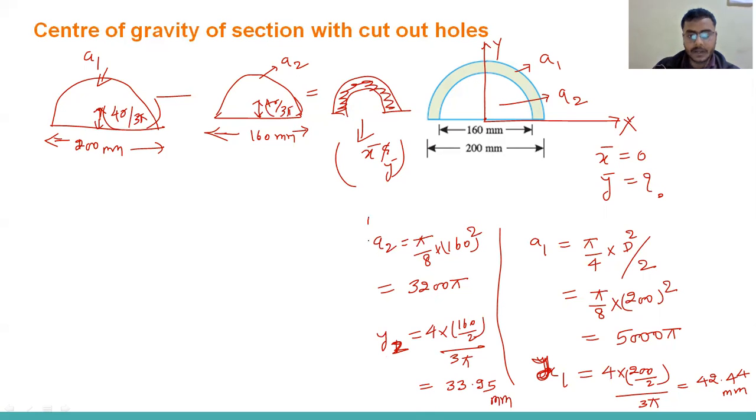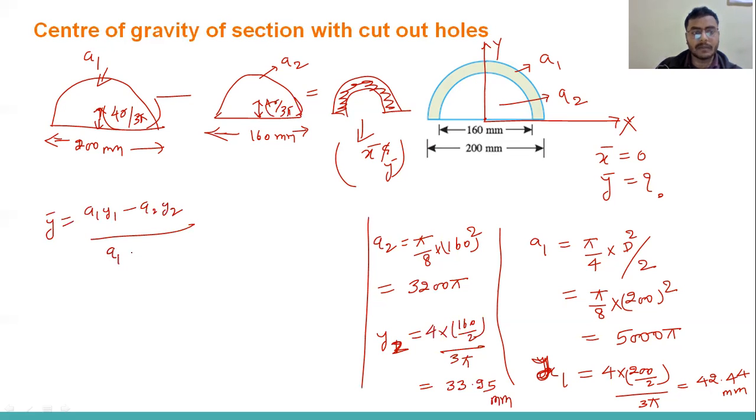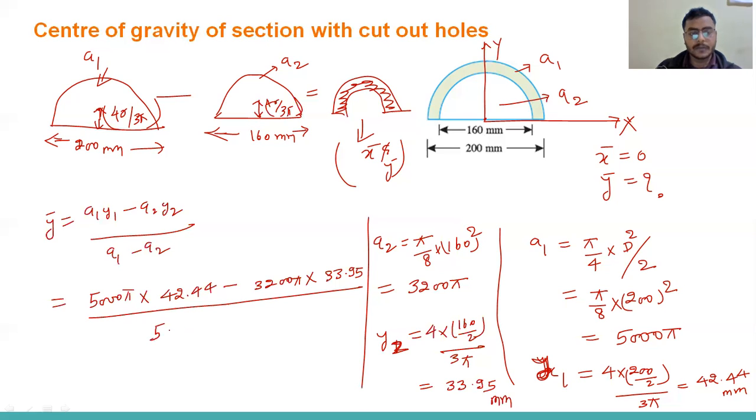Okay. Now we have A1, Y1, A2, Y2. So we can calculate Y bar, that is A1 Y1 minus A2 Y2, divided by A1 minus A2. So A1 we have 5000 pi into Y1, 42.44, minus A2, 3200 pi into Y2, that is 33.95, divided by A1 minus A2, that is 5000 pi minus 3200 pi.